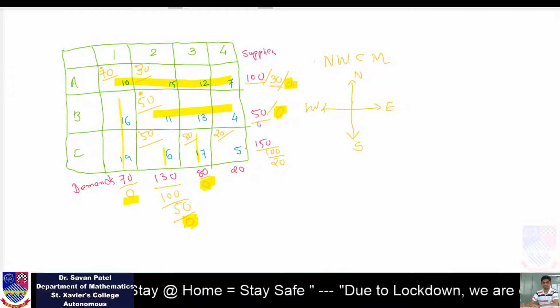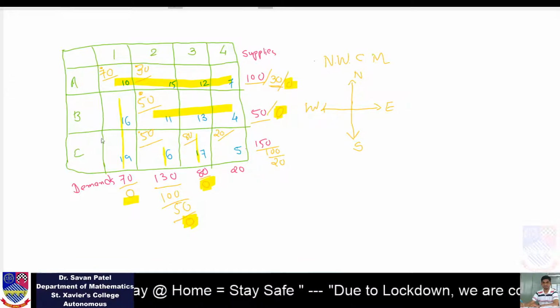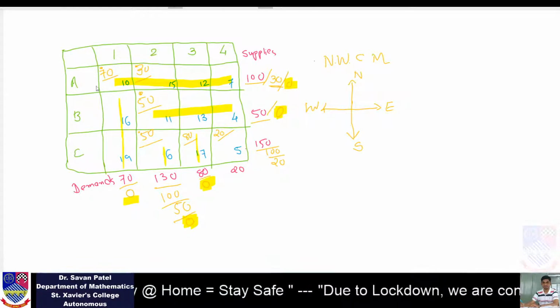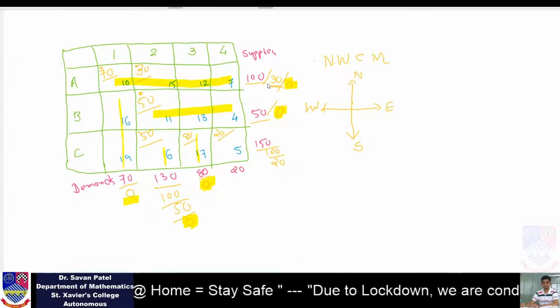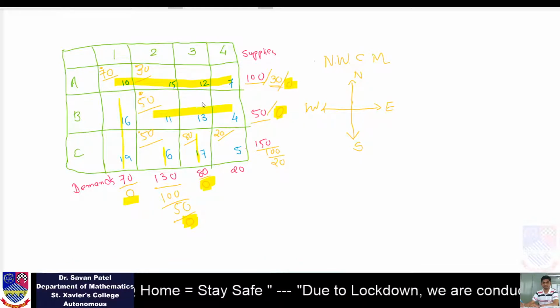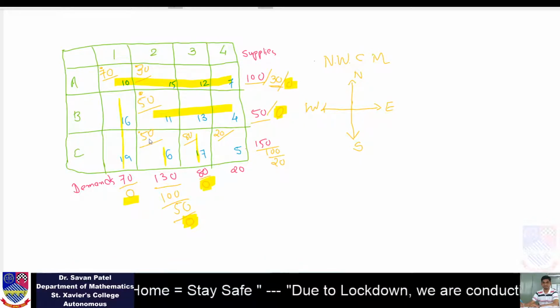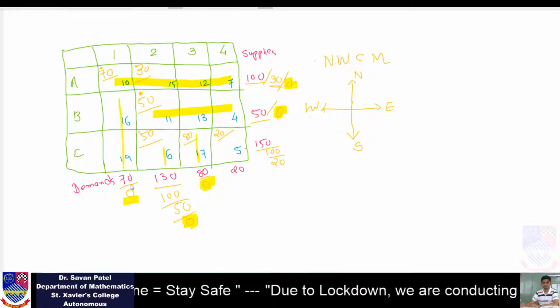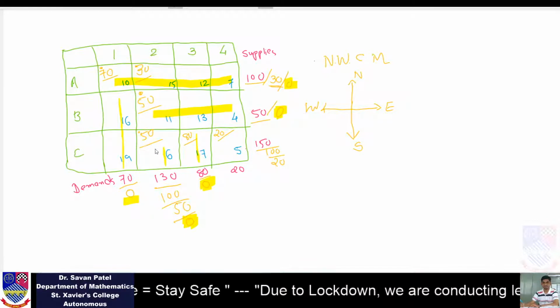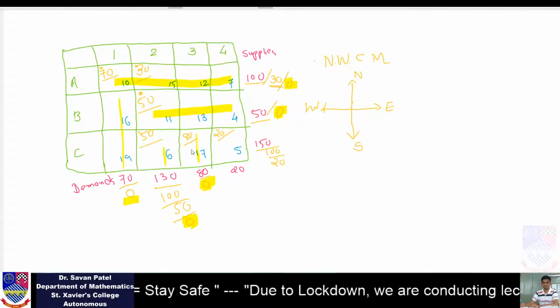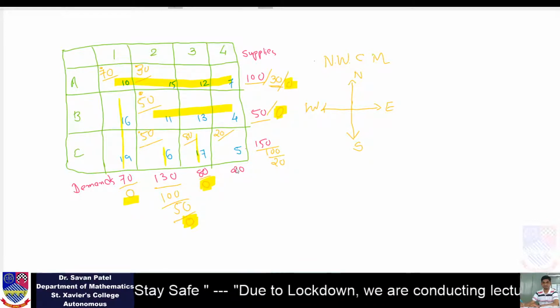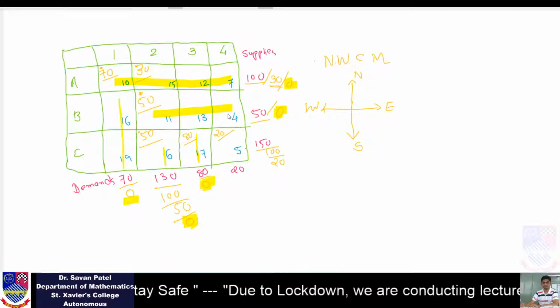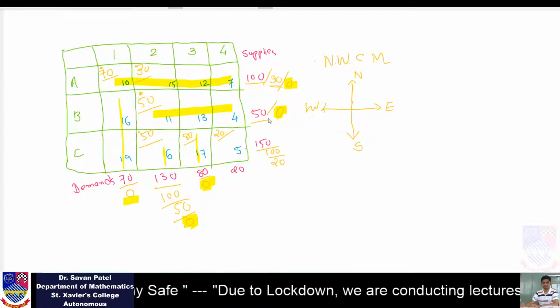Okay, so if you observe here, the sum is 70 plus 30 is 100, 0 plus 50 is 50, 50 plus 80 plus 20 is 150. Here 70 plus 0 is 70, 30 plus 150 plus 50 is 130 along with 0, 0, 80, so it is 80, 0, 0, 20, so it is 20. Why is this happening? Because the total demand is the same as the total supply.